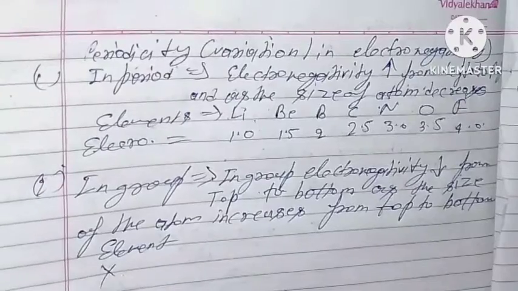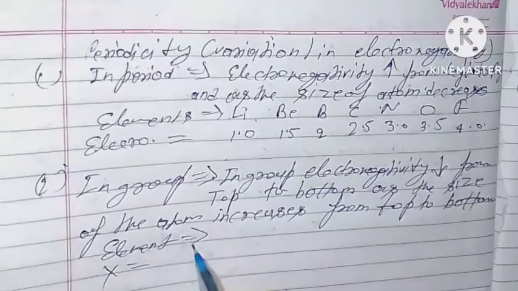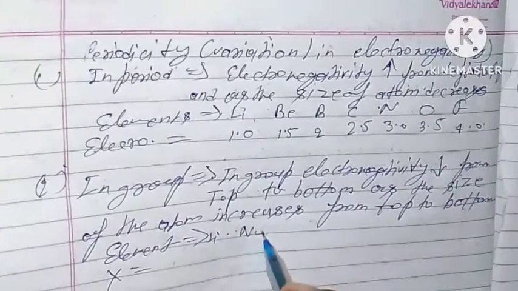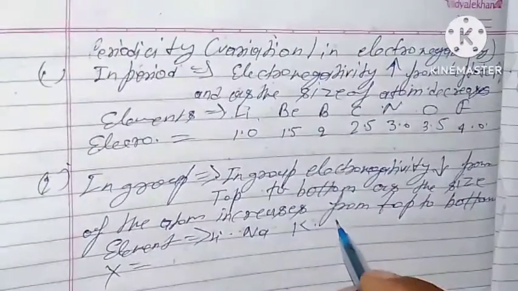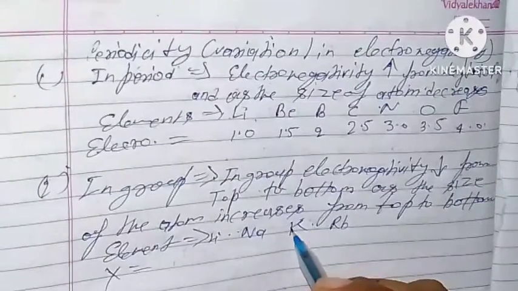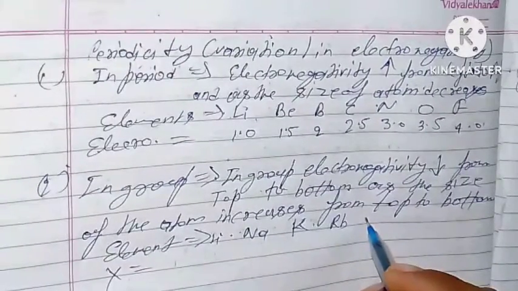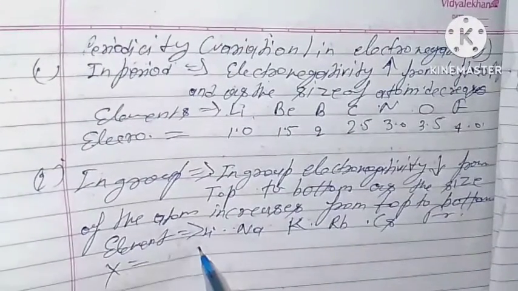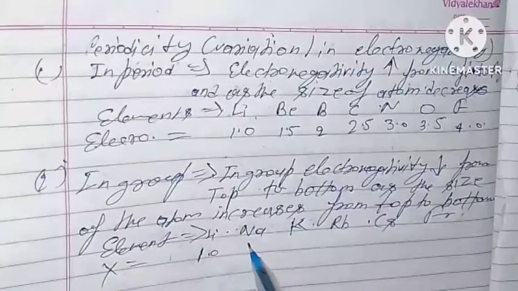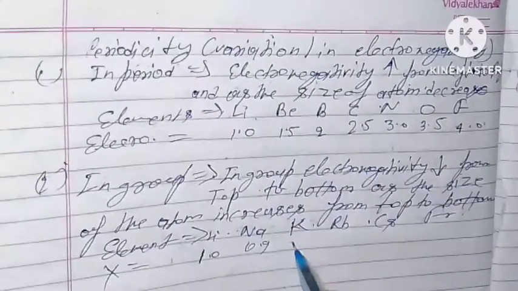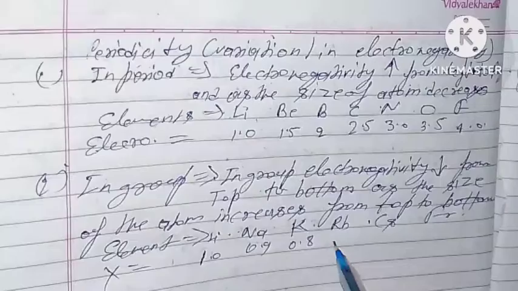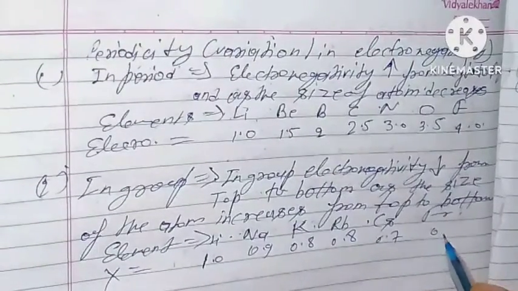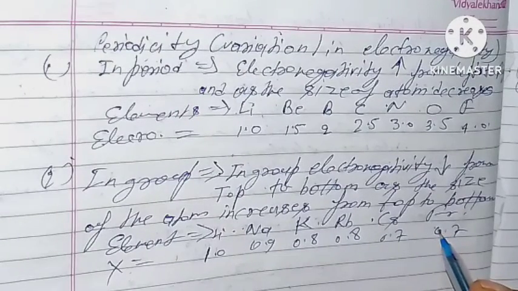Element and chi: lithium 1.0, sodium 0.9, potassium 0.8, rubidium 0.8, cesium 0.7, francium 0.7.